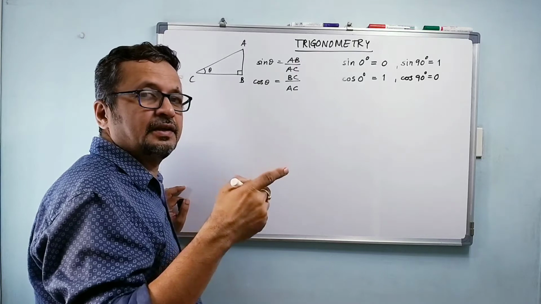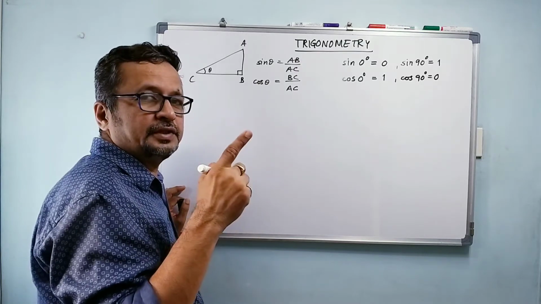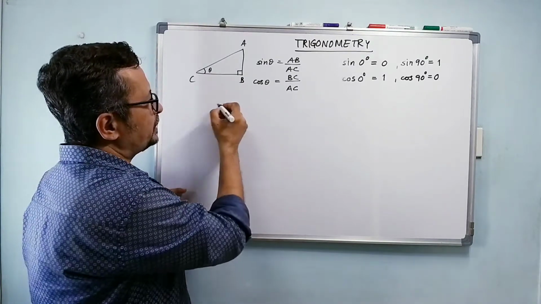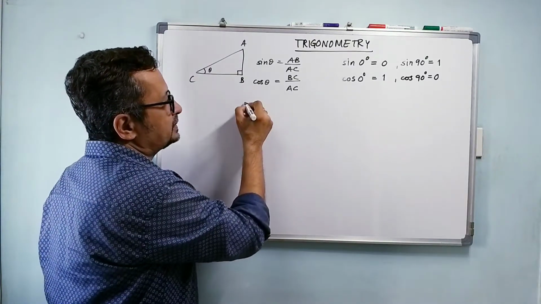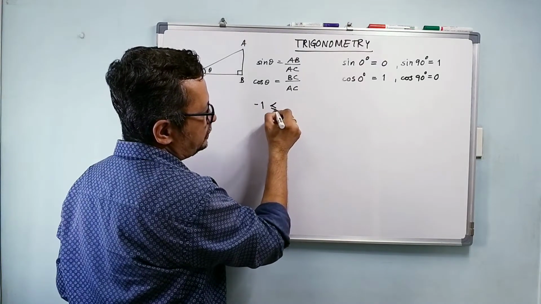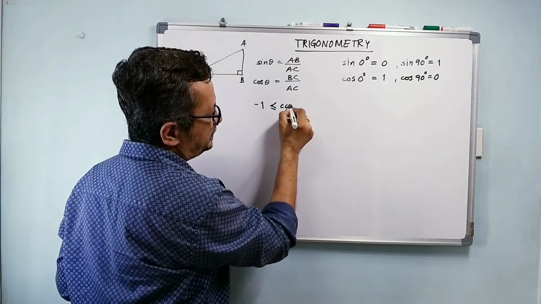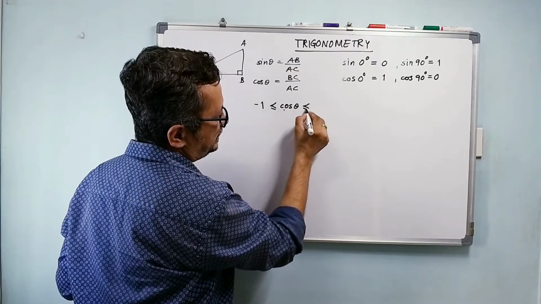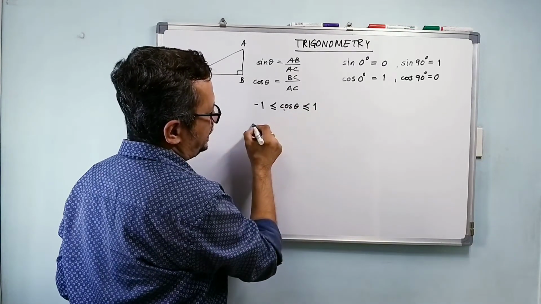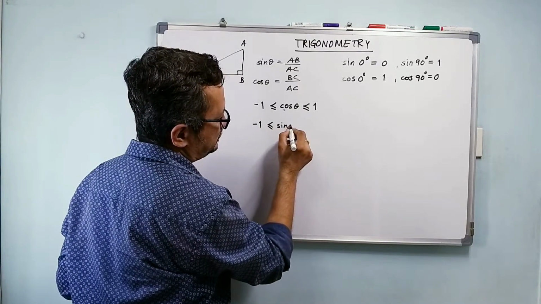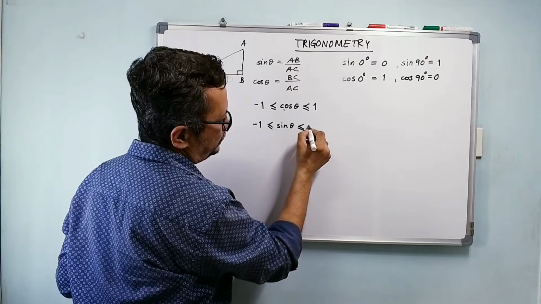A unit circle is a circle having radius equal to 1 unit, correct? And we will be proving that later, but for now what you can understand is -1 less than or equal to cos theta less than or equal to 1, and -1 less than or equal to sine theta less than or equal to 1.